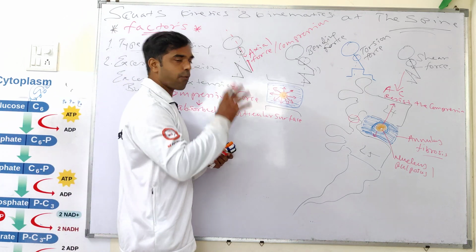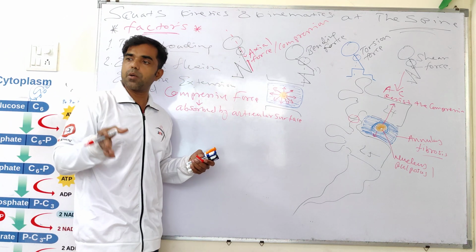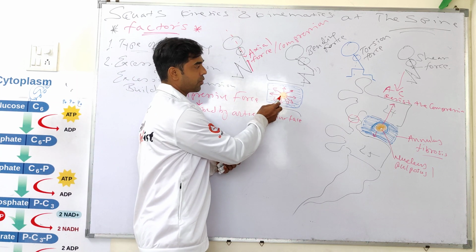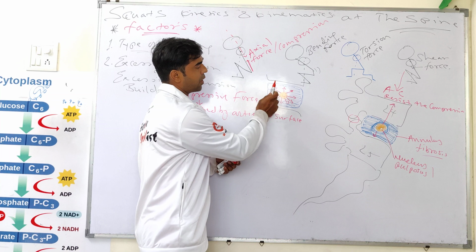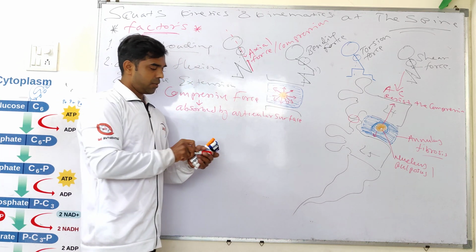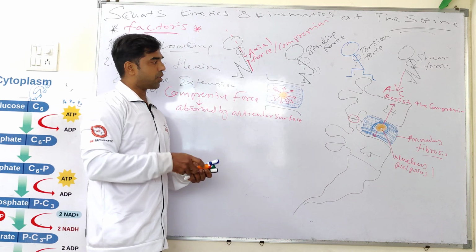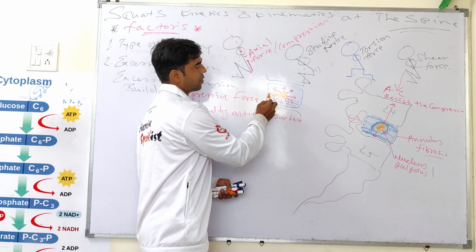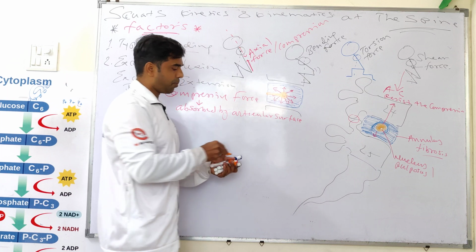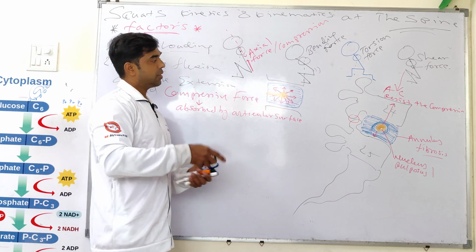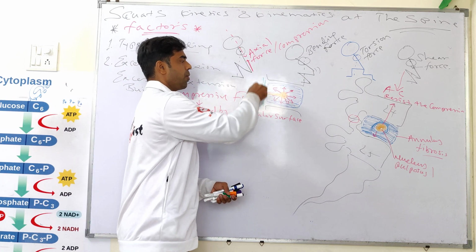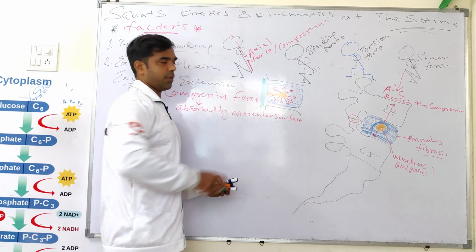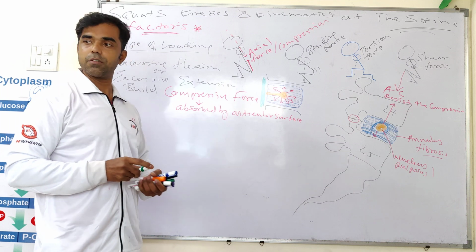Now, if the force is too much, if you haven't done the progressive overload, what will happen? This nucleus pulposus will break through this annulus fibrosus and come out, right? And it will irritate the spine here, and you may have some pain syndrome associated with this kind of injury.